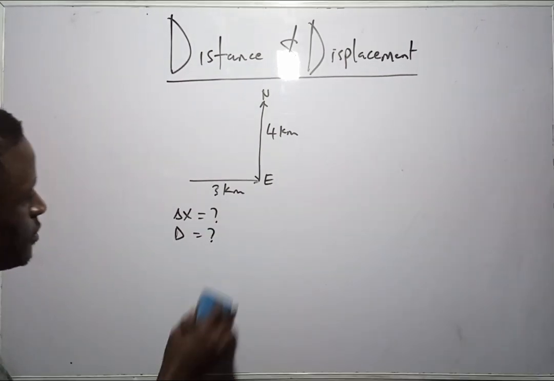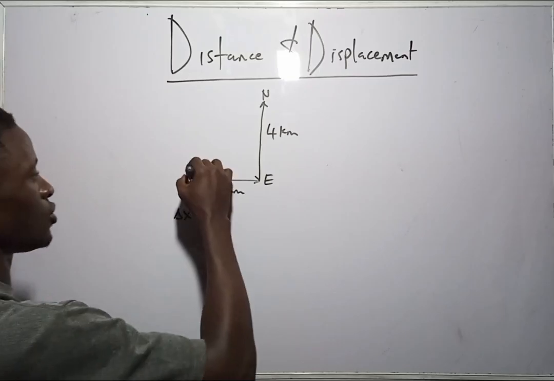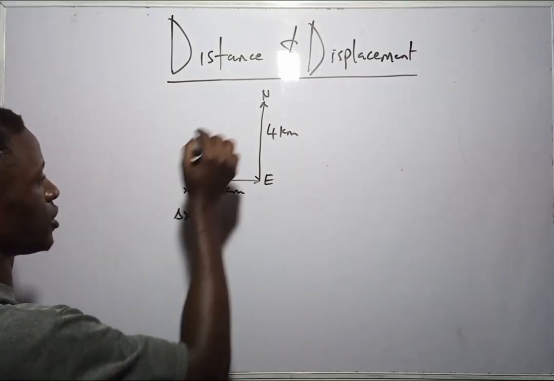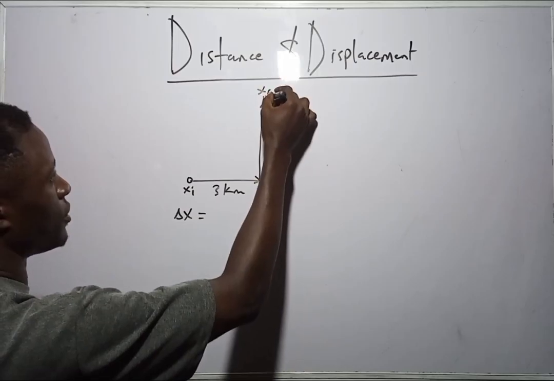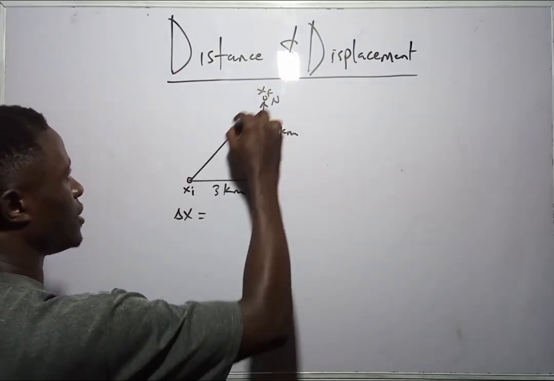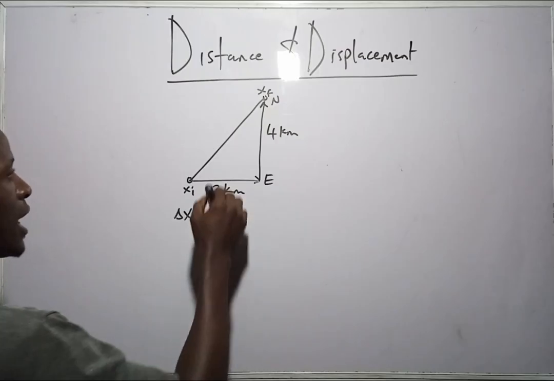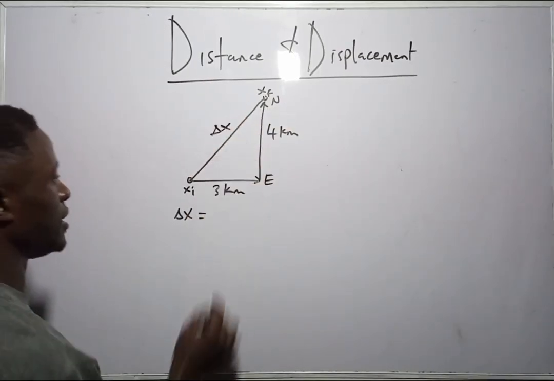So how can you find the displacement in this case? Since this is the starting position and here is the final position, join the starting position directly to the final position and this gives you a right angle triangle, and here write dx.